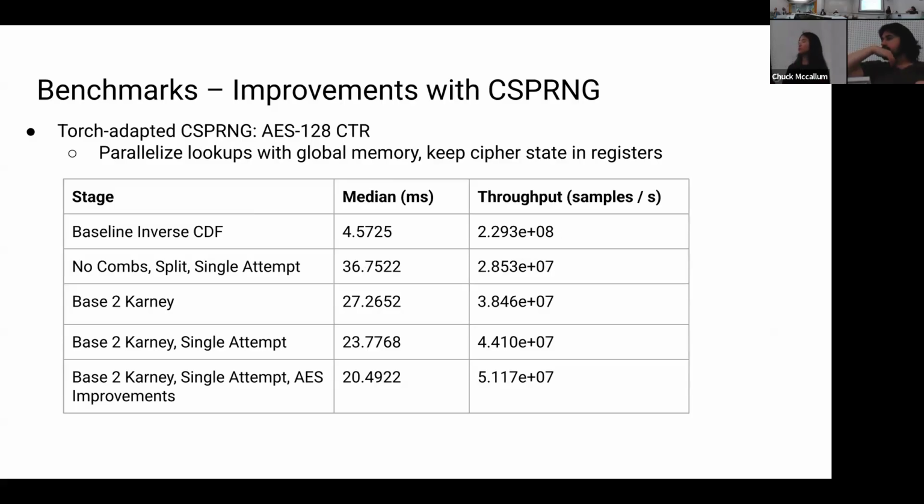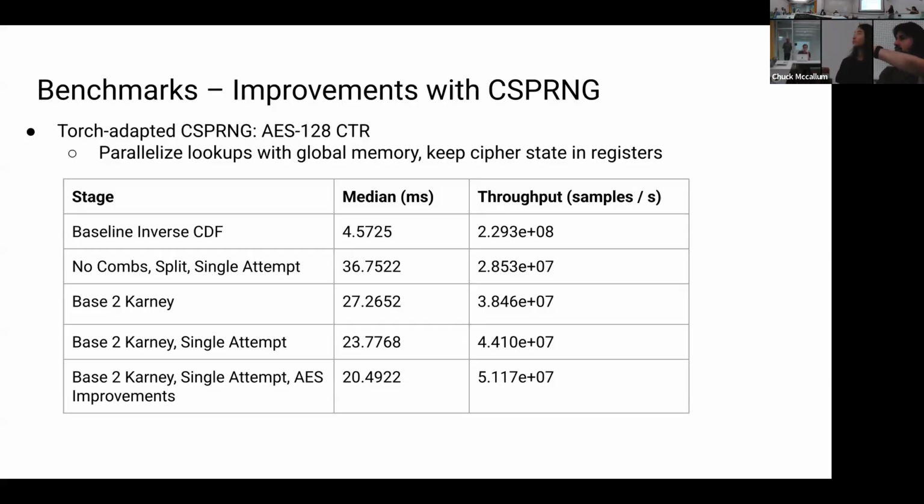So I wanted to redo some of the benchmarks there, but overall, in having this AES-based one, the fastest approach that was benchmarked so far was using the base 2 Carney, the single attempt approach where the producer just does 1 attempt per thread, and then having some of these AES improvements in relation to just the memory optimizations. So that version had the fastest time so far.